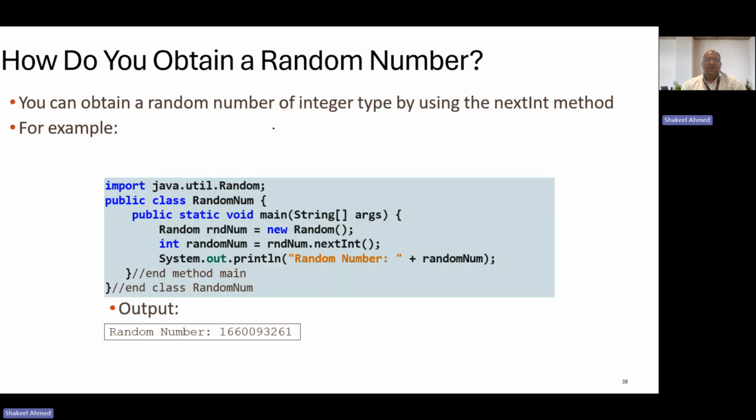So say, for example, we want to write a random number. How do I write a program? This makes things easy. The java.util.Random class is imported, and then public static void main.